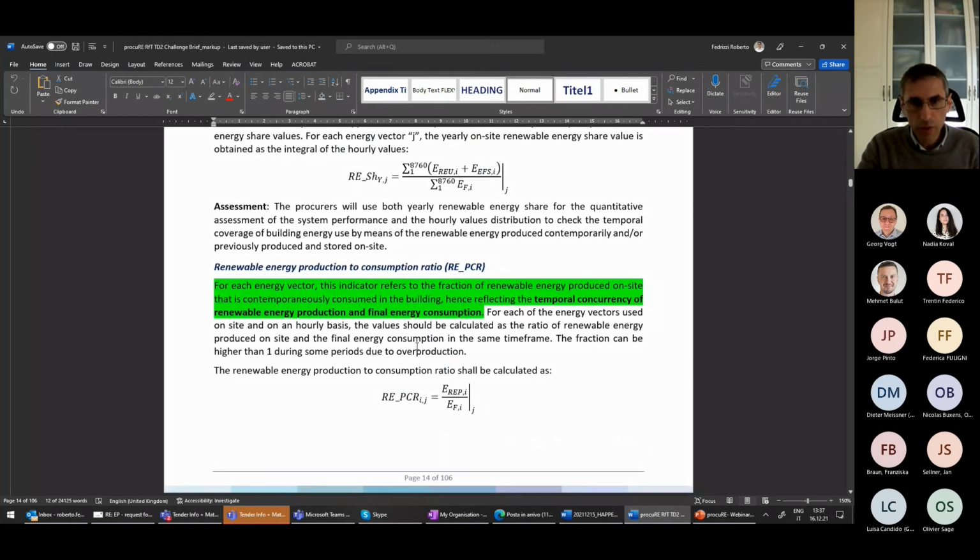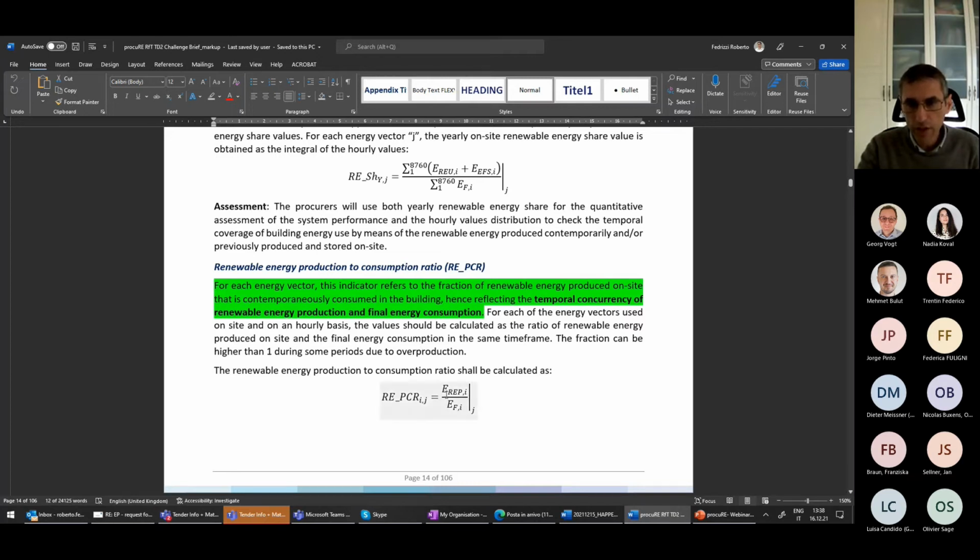Apart from this, we would like to also get into how renewable energy is produced on site and then used on site. Therefore, again, we define this renewable energy production to consumption ratio. It is kind of a self-consumption, but not exactly, meaning that this number can be higher than 1.